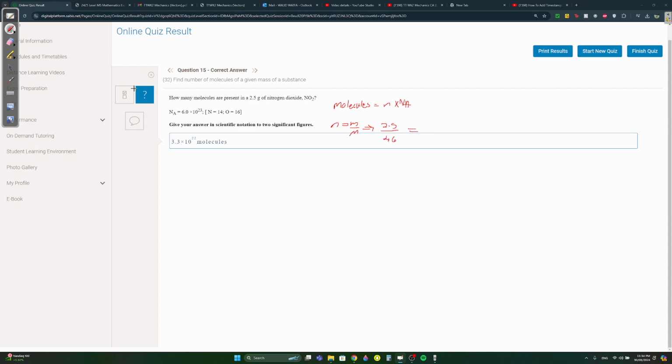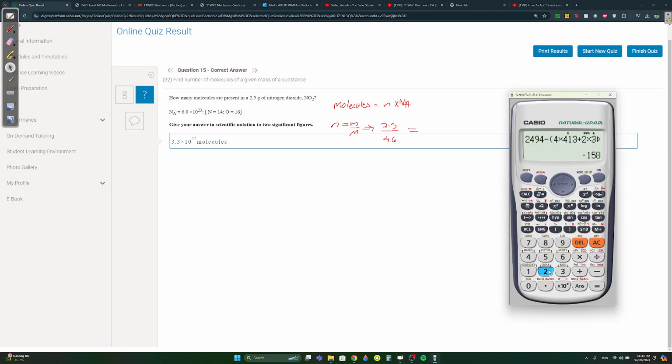Which is equal to 2.5 divided by 46, 5 over 92. Then we want to multiply by Avogadro's number NA, so times 6.0 times 10 to the power of 23. To two significant figures, you get 3.3 times 10 to the power of 22 molecules.